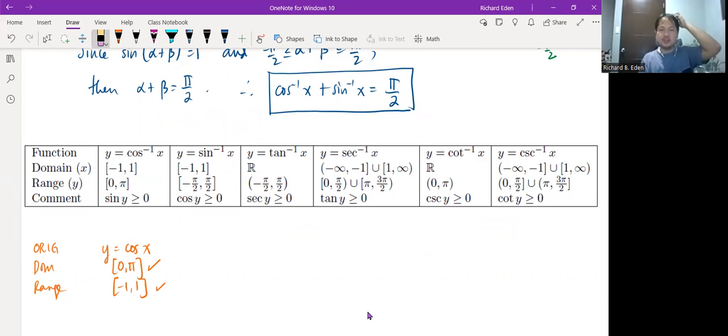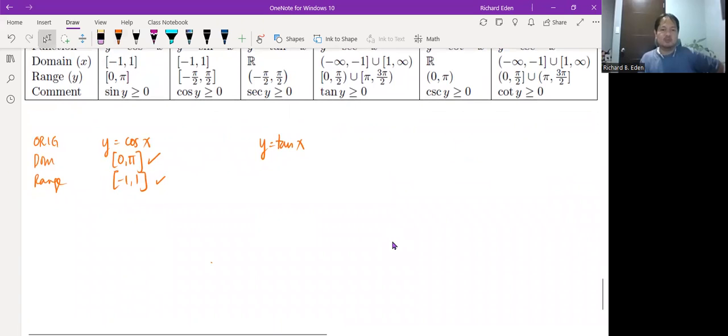Now, for the inverse tangent function, if we take the original to be the tangent function, we need to restrict the domain in order for us to get a curve which is going to satisfy the horizontal line test.